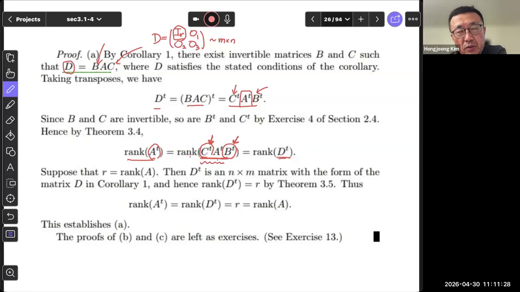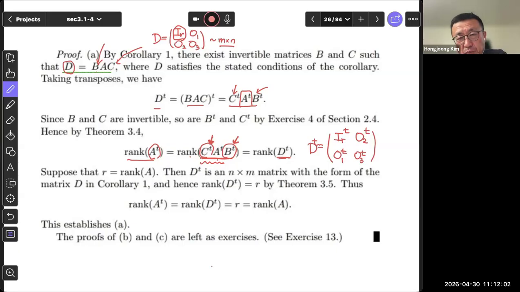Now, what is D transpose? If this is the D matrix, then D transpose will be the transpose of I sub R, and then the transpose of O2 will come here, and the transpose of O1 will come down here, and then we get O3 transpose.